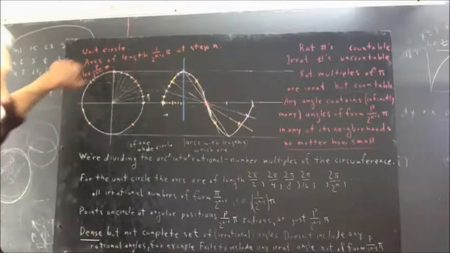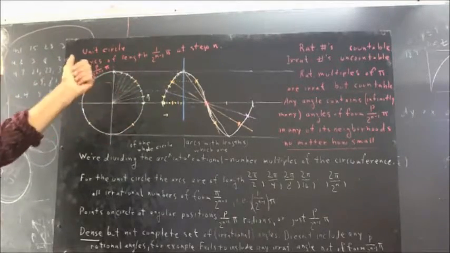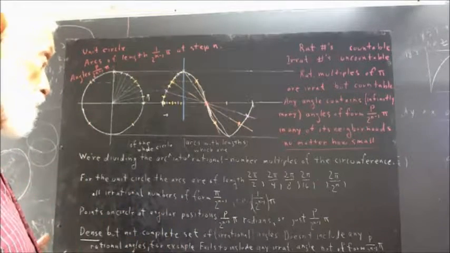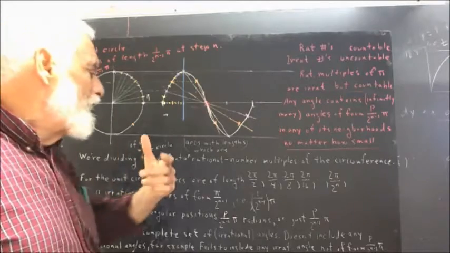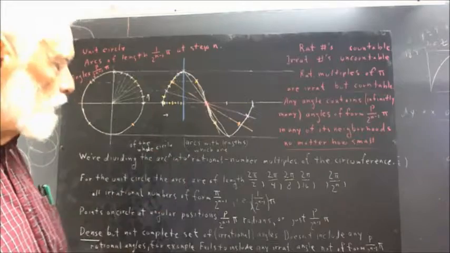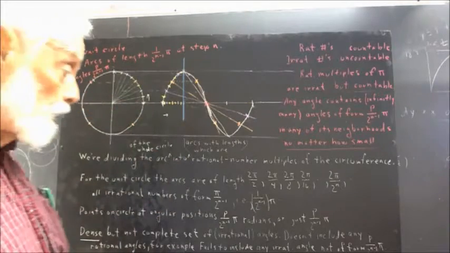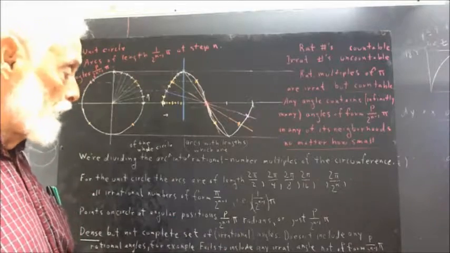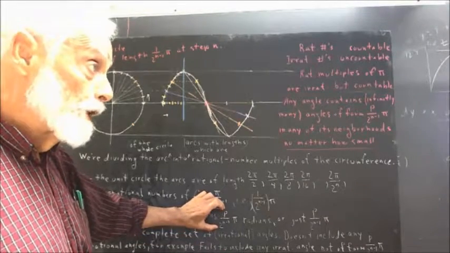We won't have included all the points on the circle because, well, let's think about it for a minute. The arc distance to any of those points, any of the points that we can construct, has to be of the form p over 2 to the n minus 1 times pi. Again, p over 2 to the n minus 1 is rational.